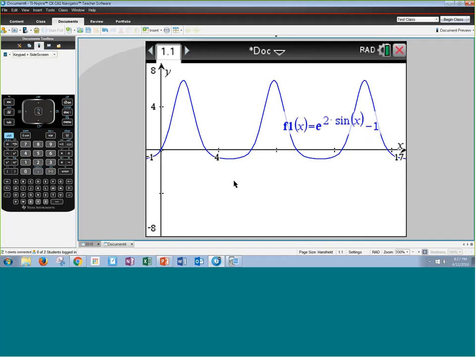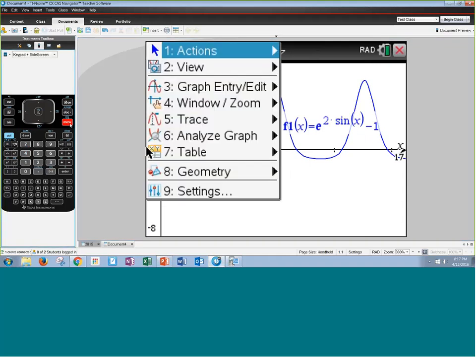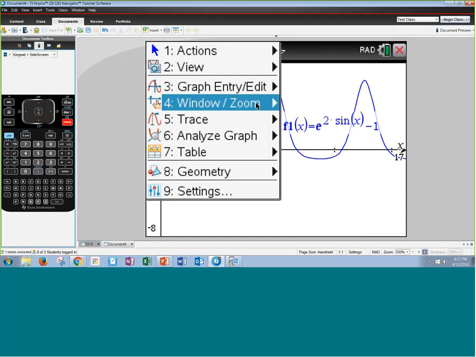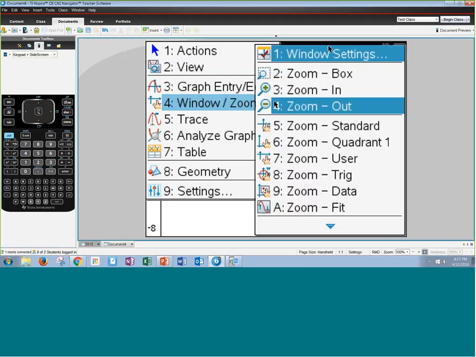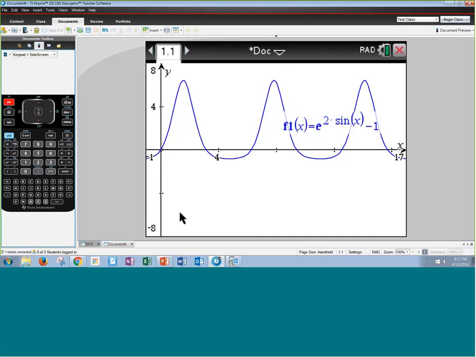Now, one of the things that I have found out is that students don't like to go to that menu, window zoom, and window settings. They don't like to get to the change of the window settings that way. They have become very familiar with just double-clicking on the values, which are the Y-min, Y-max, X-min, X-max, and the tick marks, the scale.